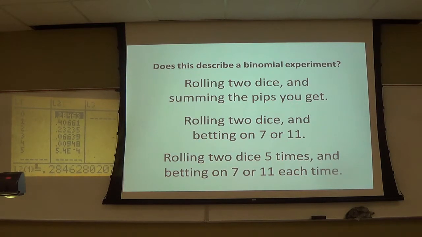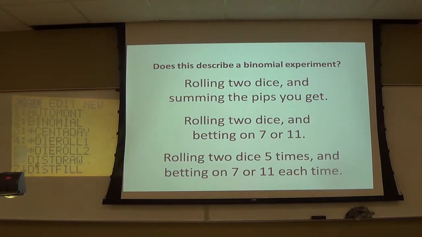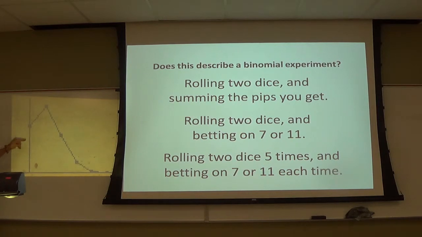If you're interested, and we'll take a break after this, I gave you a second program called Dist Draw. Once you've run Dist Fill, you can run Dist Draw, and all that does is it gives you a graph of the distribution. And it's a pretty low-res graph. It's not like Excel. Excel's a much better graph. But you can trace this now as well.